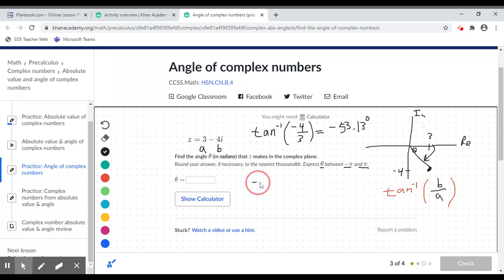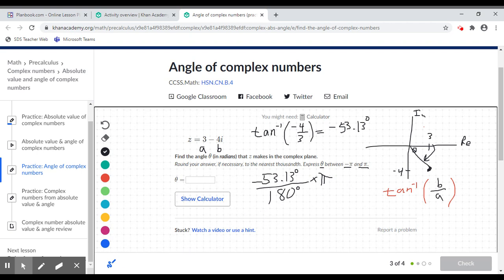Okay, we have it in degrees. How do we change it to radians? We start with that, and then we multiply it by this. Or really the faster way, let's say divide by 180, and then times pi. That's the conversion.